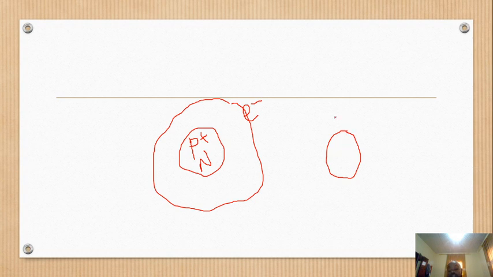If this is hydrogen, it has one positive proton here and one electron which is negative.